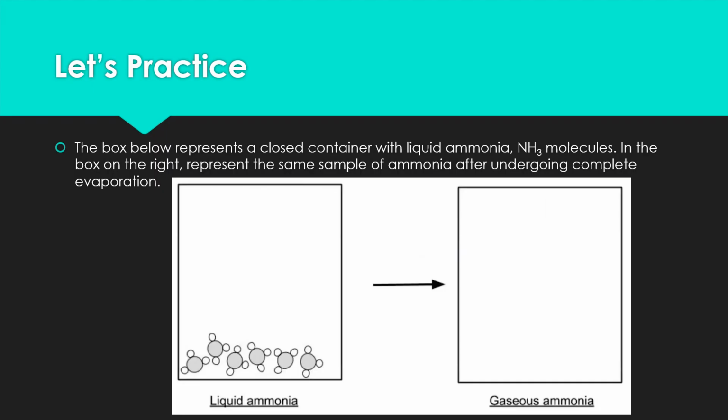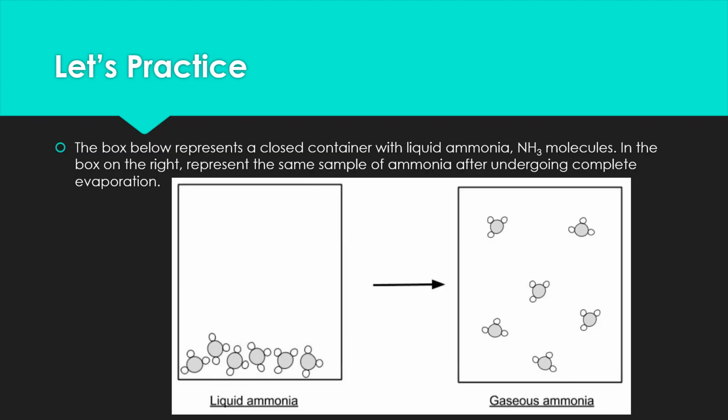If we want to create a gas, then we need to separate them from each other. Now, the key is that we want to separate and still make it ammonia. It doesn't indicate that it's undergoing a reaction. It's just evaporating, so we should have the same molecules just spread out. And that is a type of question that might be asked with this.